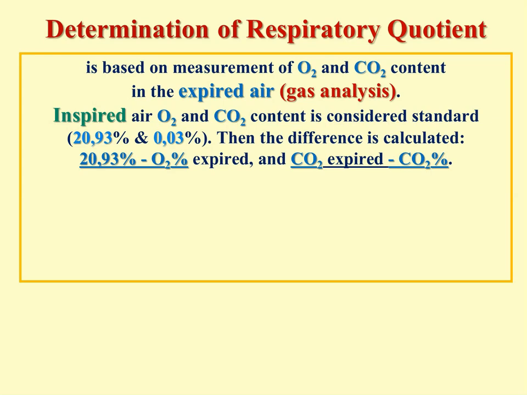Then the CO2 expired, we take and subtract from this the CO2 percentage which was initial in the air, which we consider 0.03. So now we receive oxygen consumed and CO2 produced as a result of reactions in the body.